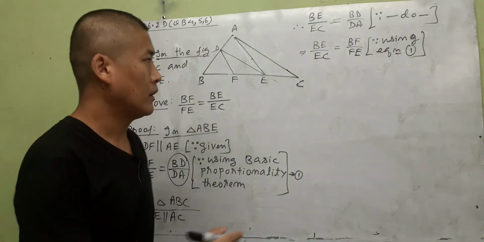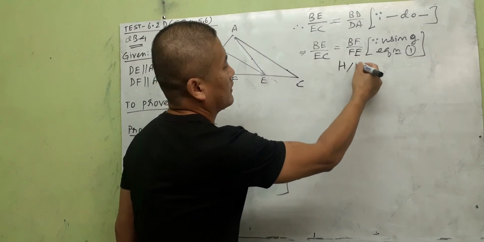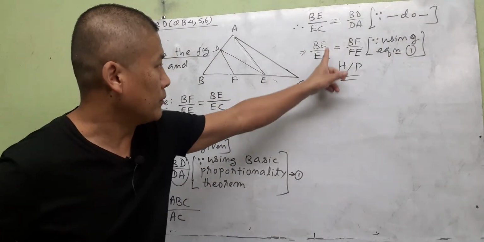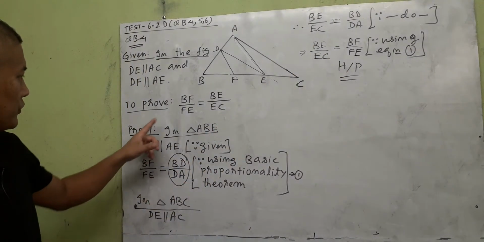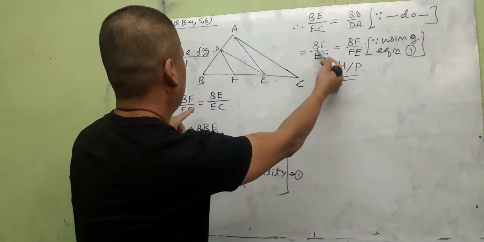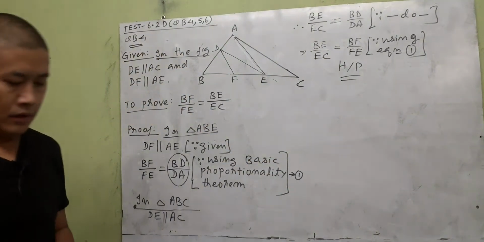So hence proved. BF by FE is equal to BE by EC. This is the first question.